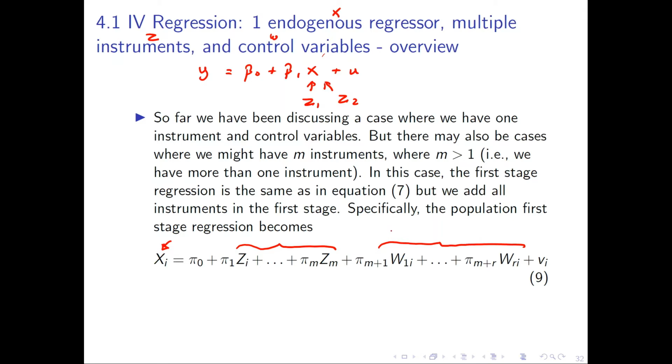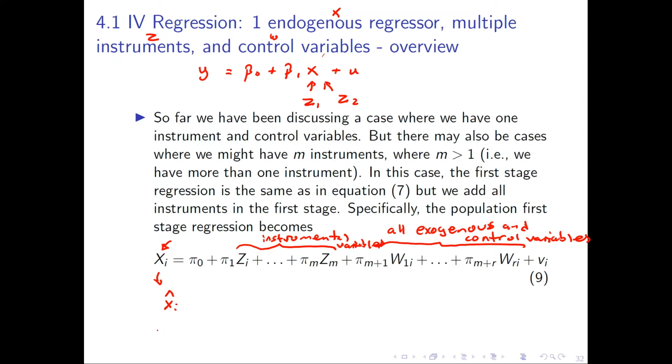So these are all exogenous and control variables. And these are the instrumental variables. Okay, and from this you get the x hat, and these you can use in the ordinary regression.